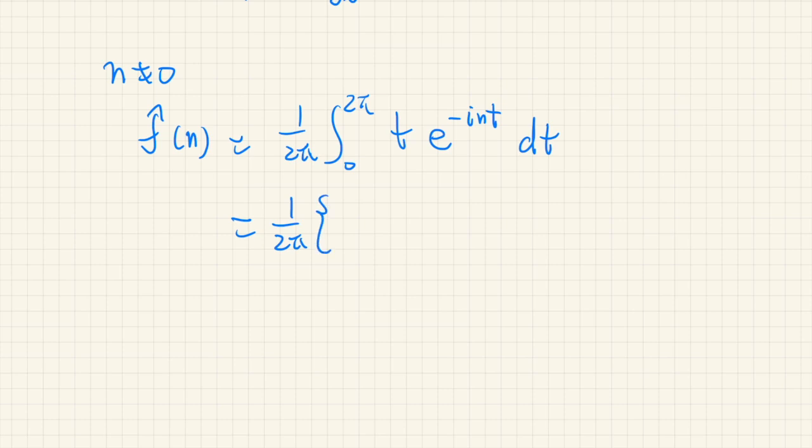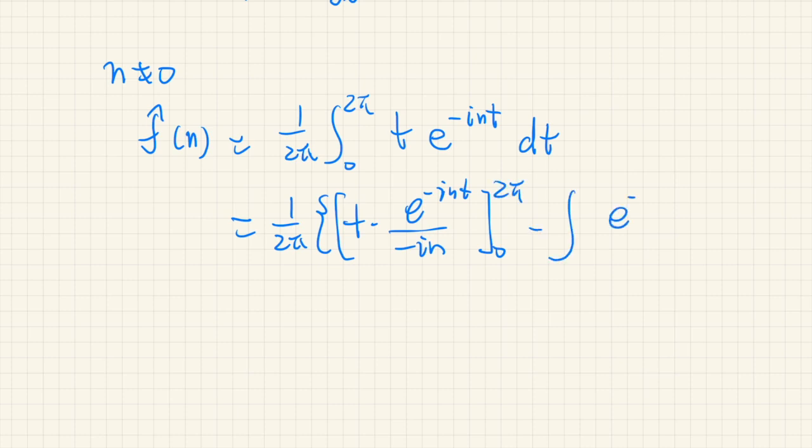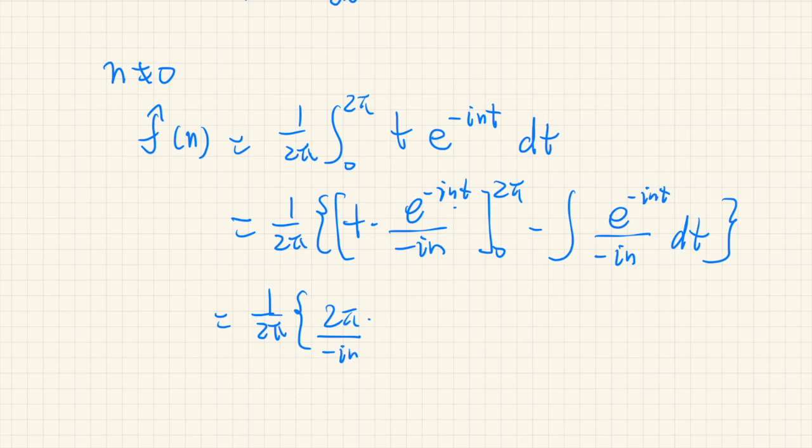So let's see, t e to the negative i n t over negative i n from 0 to 2 pi, minus the integral of e to the negative i n t over negative i n dt. And if we put 2 pi into here, that's 1. So it's 2 pi over negative i n. When we put 0, this should be 0.